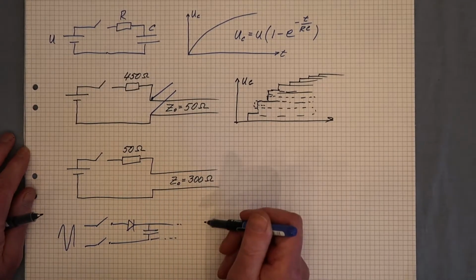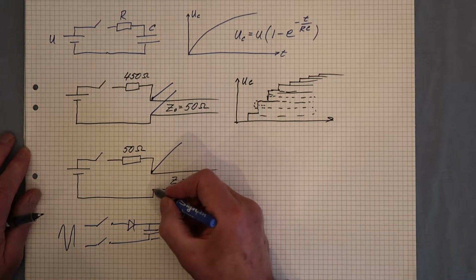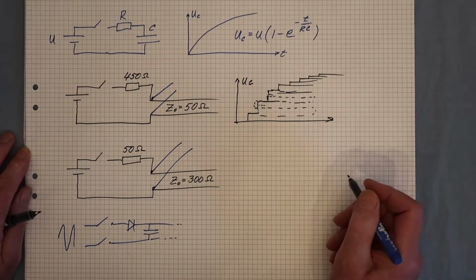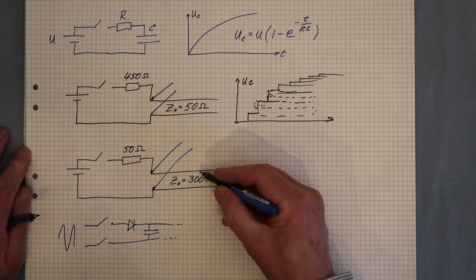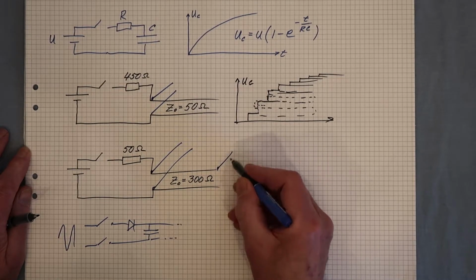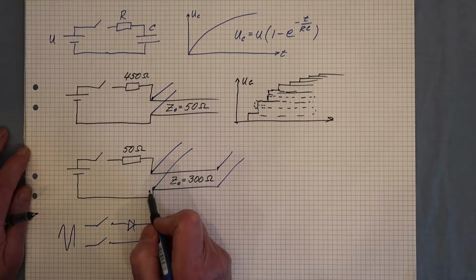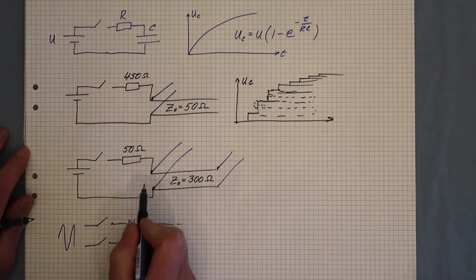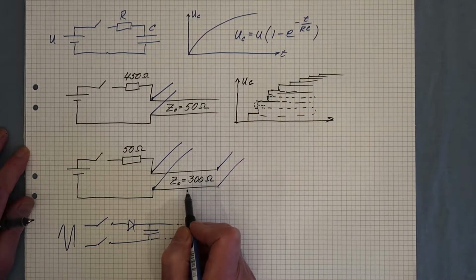What happens? We should measure the voltage at the terminals, but we shall also measure the voltage between the capacitor plates. We will measure at the end of the cable, because here we can only see what's happening at the terminals, not within the capacitor.